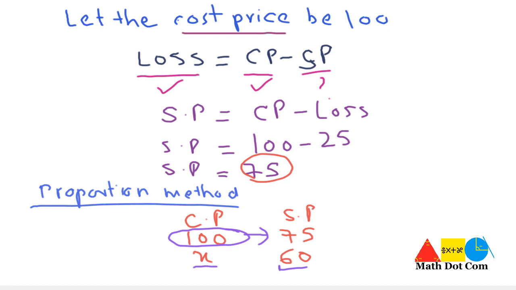Okay, but according to our question, we don't have the cost price, but we do have the sale price. So we will solve this problem in this way, to find out the value of the cost price.